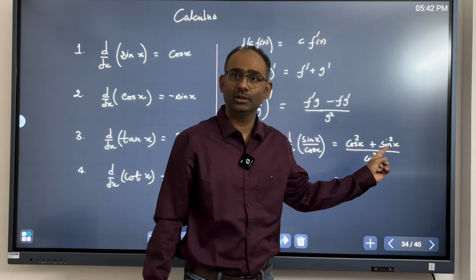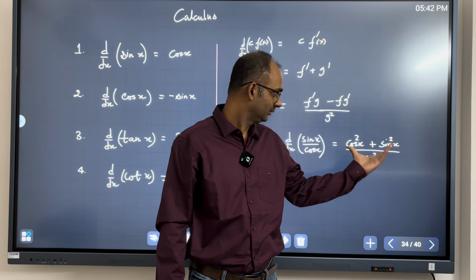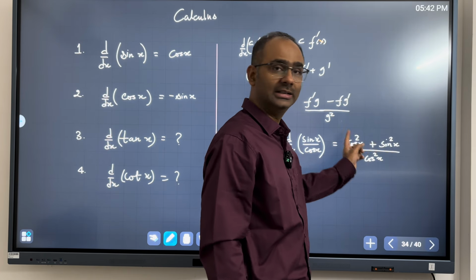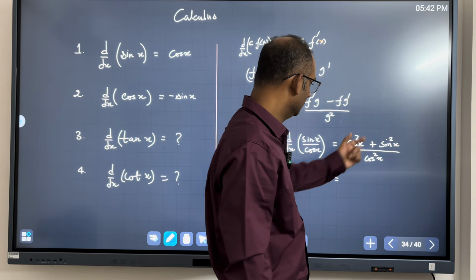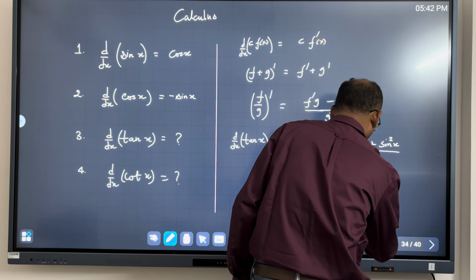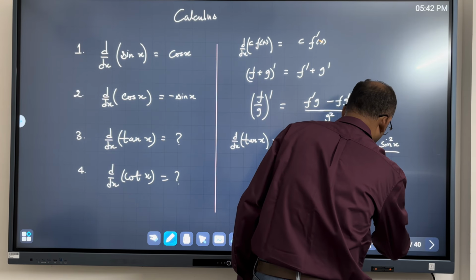Can you say something about the numerator? That's 1, identically 1 for all values of x. So it is 1 over cos square x, which is the same as 1 over cos of x whole square.